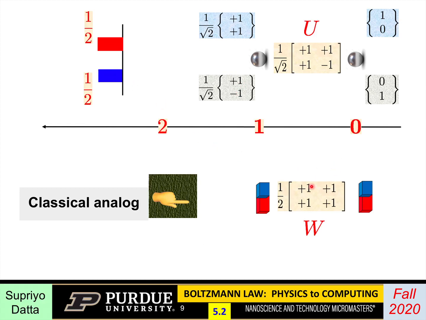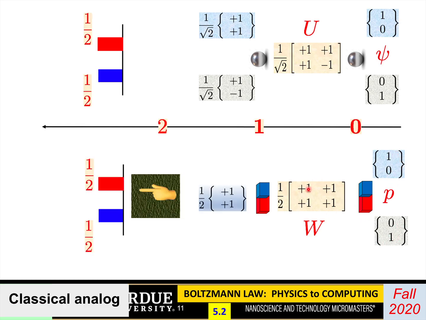The equivalent classical thing would be a W matrix that looks like this, where if you come in with the initial probability distribution that looks like all up or all down, this matrix will transform it into half up and half down. And here, it doesn't matter whether you started all up or down. After this, it becomes 50-50.